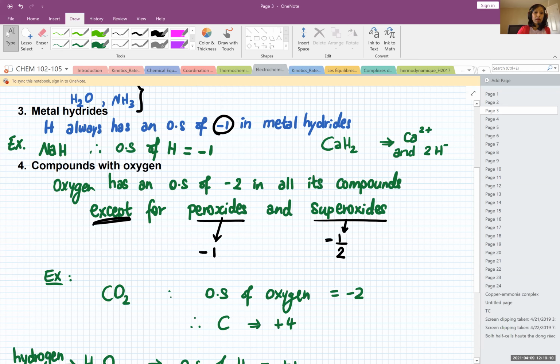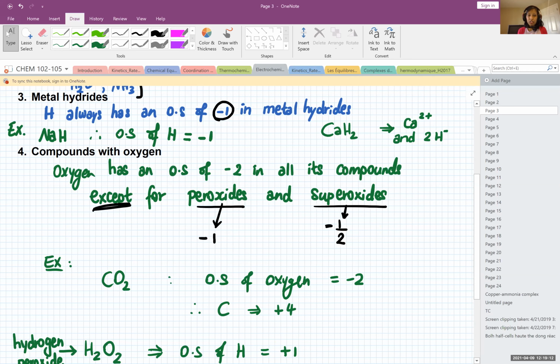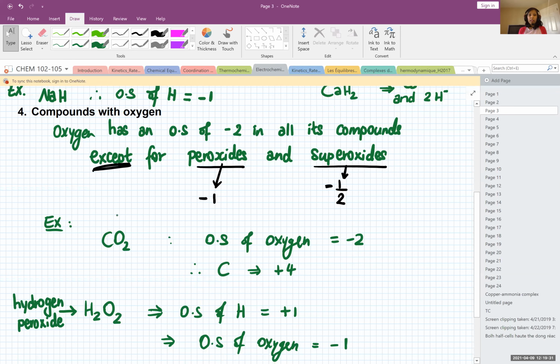Then you will come across compounds that have oxygen in them. Oxygen will have an oxidation state of -2 in all of its compounds, except for two types, which are the peroxides and the superoxides. If you took 101 with me, we did talk about that in Chem 101. When we have peroxides, oxygen will have an oxidation state of -1.